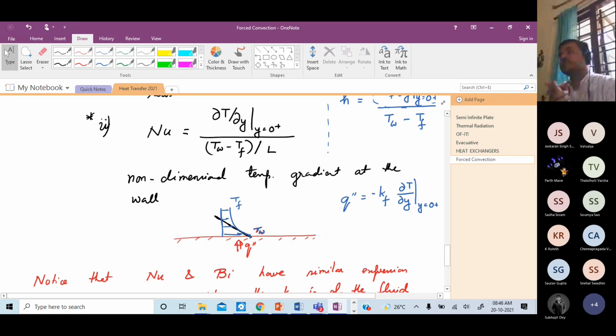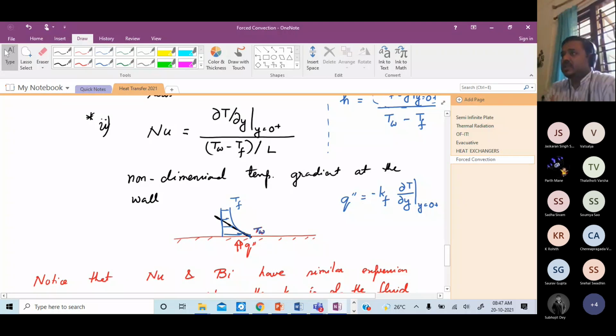It's sort of a non-dimensional temperature gradient, and for non-dimensionalization we have used TW minus TF over L, which is not a very good assumption, because TW minus TF happens in the y direction, while L is the length in the x direction for a flat plate.